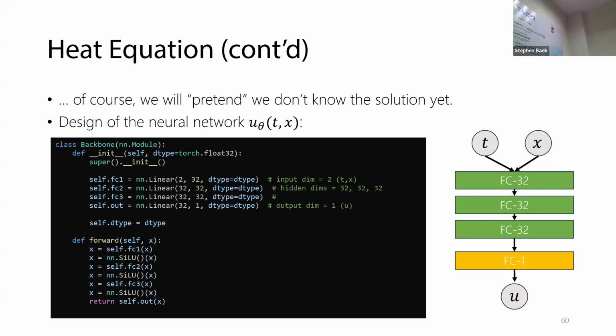We only need one variable for the position and one variable for time t. So those two are the inputs to the neural network. Then we have a bunch of fully connected layers, or linear layers, and at the end, we spit out the temperature u as the output.